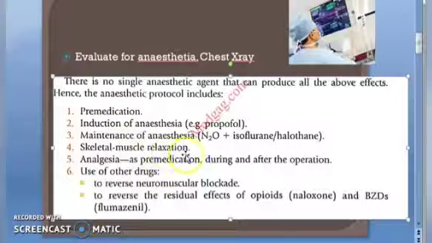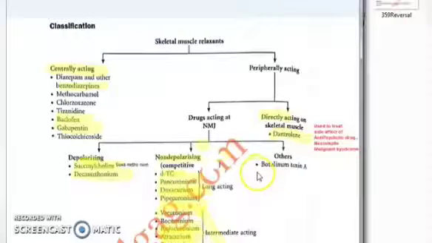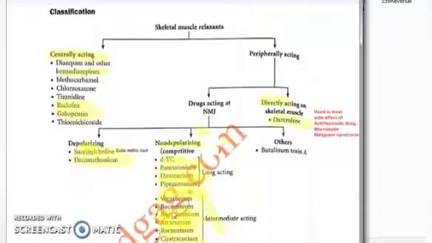Skeletal muscle relaxants, you know so many of the muscle relaxants, we have seen that they usually give this rocuronium, okay? Intermediate acting, neuromuscular junction, skeletal muscle relaxant, okay?